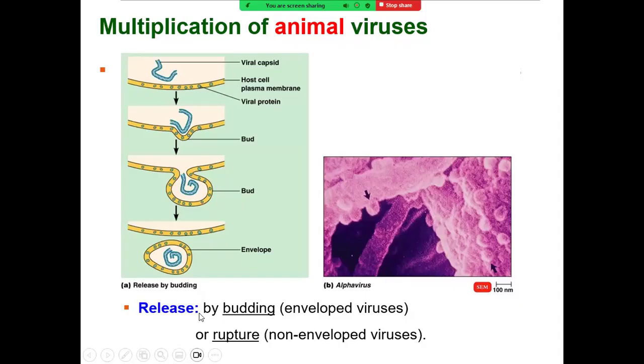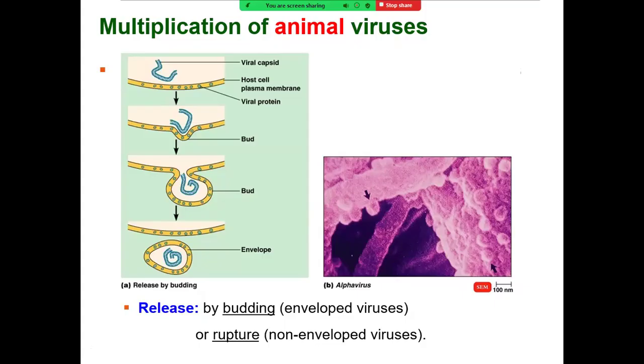Anyways, that is released by budding. Here you can see budding happening. Here's a cell here. It's got 1, 2, 3, 4, 5, 6, 7, about 8 viruses budding out of it. Budding usually happens at low numbers, so that budding itself does not tend to kill the host cell.